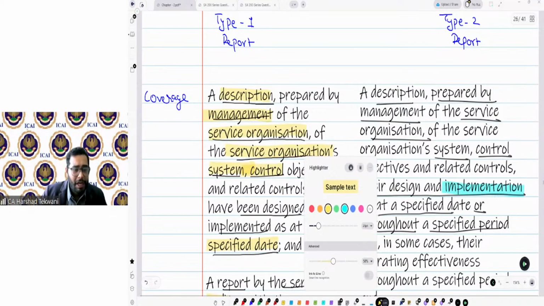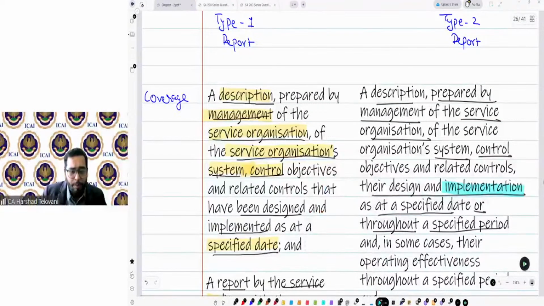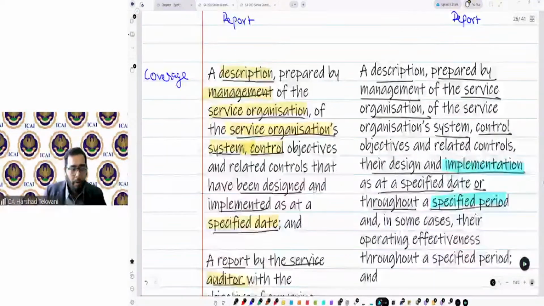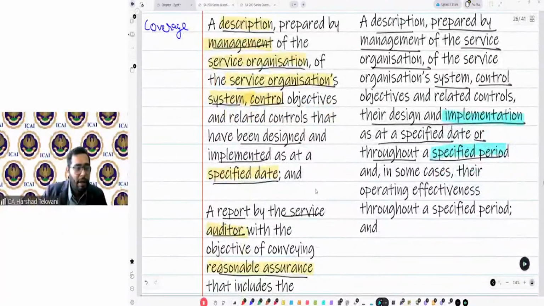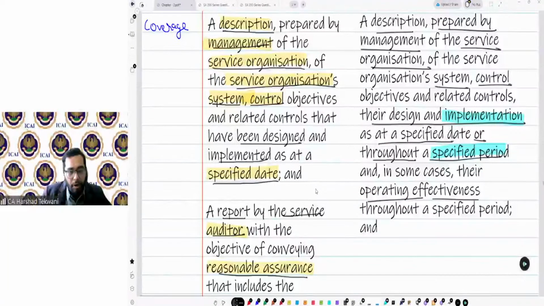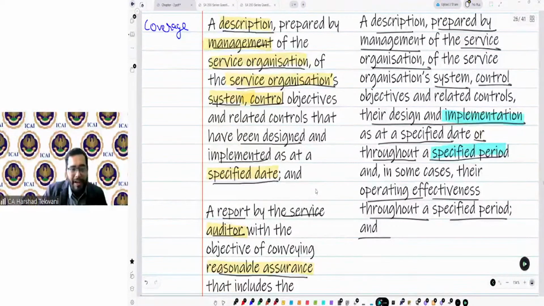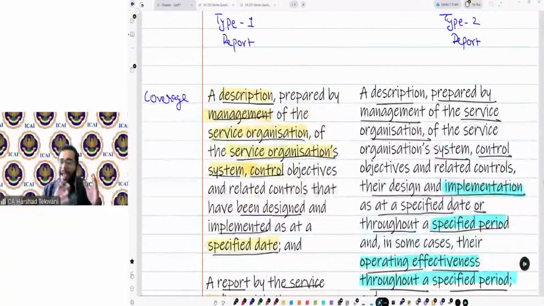We were talking about only date in type 1 report. In type 2 report, we are talking about specified period also. Again, till now we were talking about only design, but now we are talking about operating effectiveness throughout a specified period. So when you add the operating effectiveness throughout a specified period in the type 1 report, you will get type 2 report.